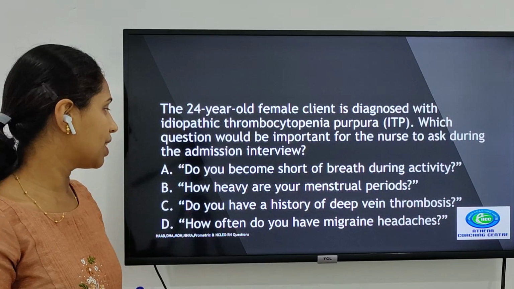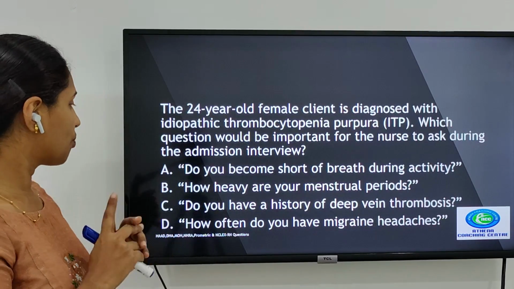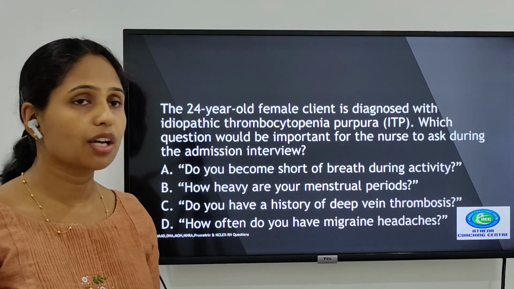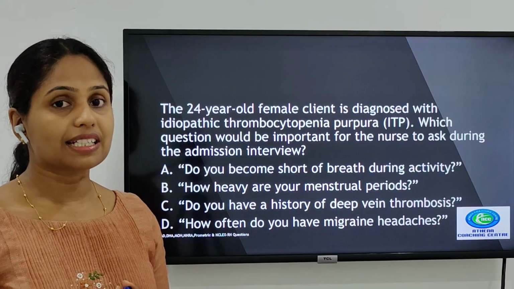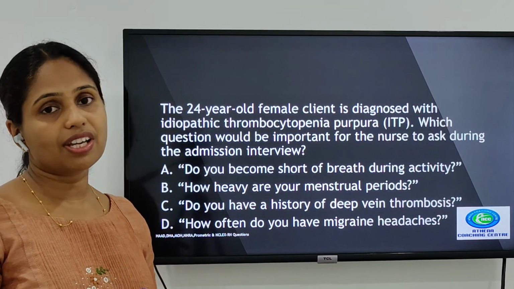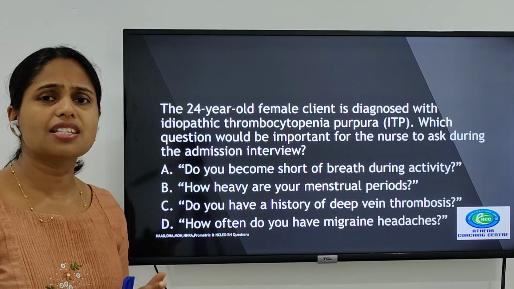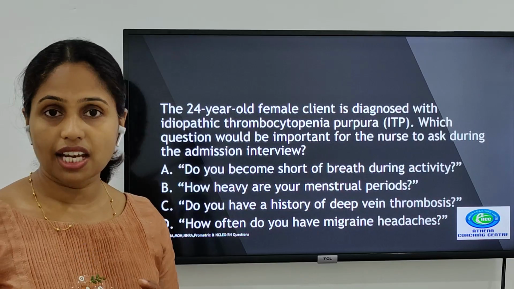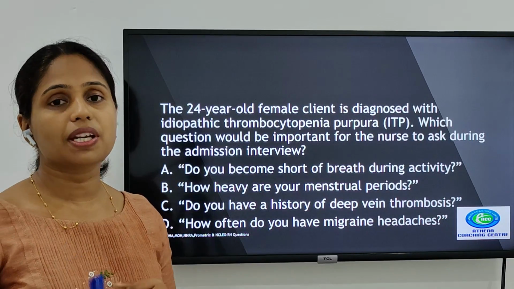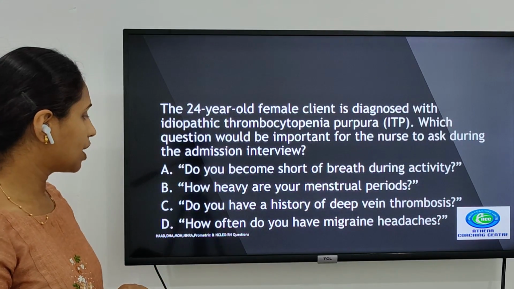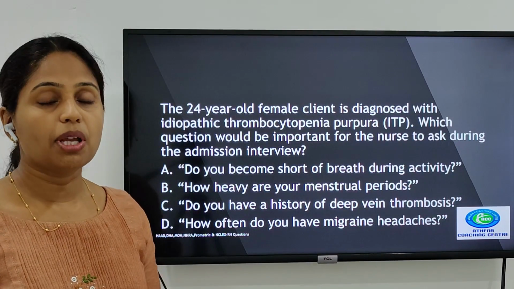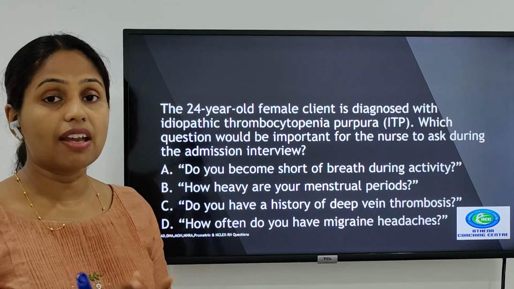Okay, we'll read the options. First option, do you become short of breath during activity? That is a question to identify either anemia or respiratory problems. Second option, how heavy are your menstrual periods?